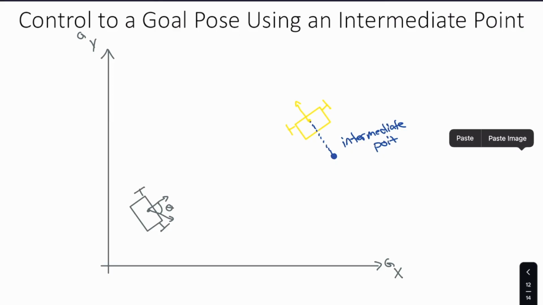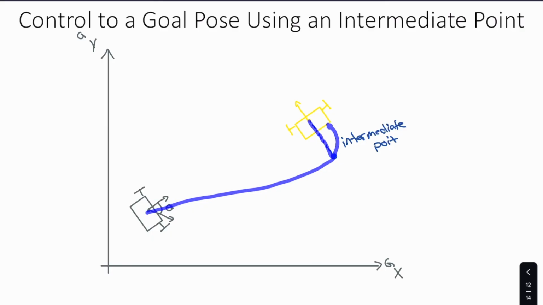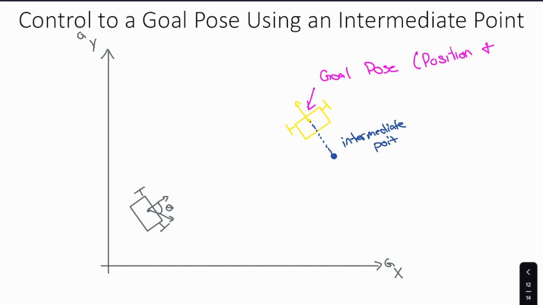Such that your controller will drive to that intermediate point, and then given this radius here, you know that it's within your robot's ability to level out and be pointing at the correct orientation by the time you get to your final goal point here. I should say goal pose, since it takes into account both position and orientation.